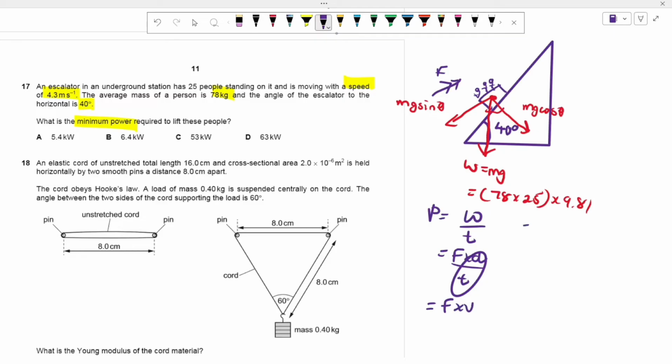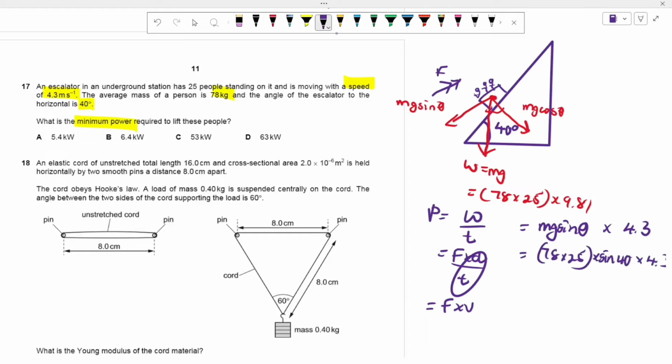In this case, my force is mg sine theta. This is the force exerted by the escalator times the velocity v, which is 4.3. So we have 78 times 25 times sine of 40 times 4.3.